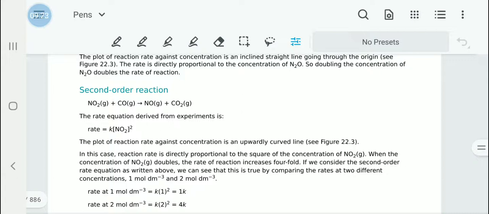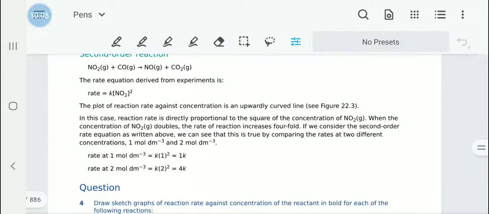Second order reaction, next topic: NO2 gas plus carbon monoxide giving nitrogen monoxide plus carbon dioxide. Rate equation: rate equals k[NO2] to the power 2. When the graph is plotted, an upwardly curved line would be the result. The rate is directly proportional to the square of the concentration of NO2. That means when the concentration of NO2 is doubled, the rate increases by fourfold.